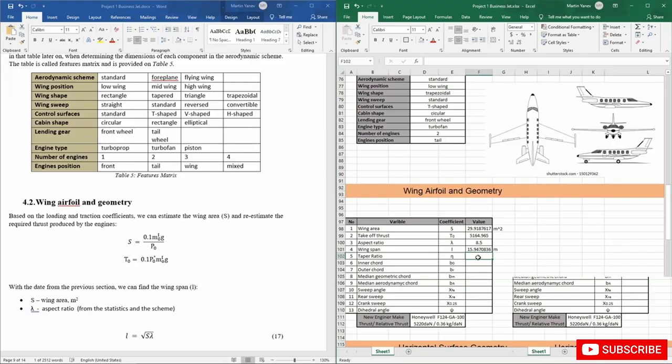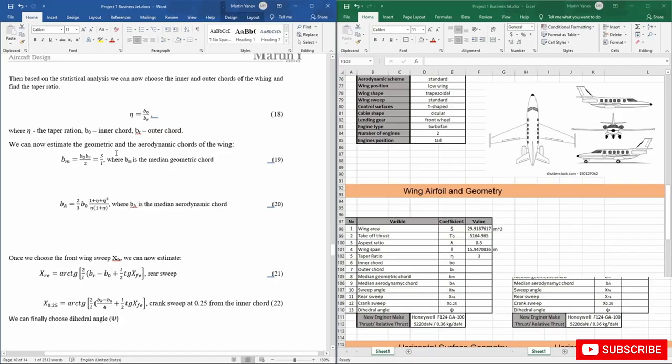Then the taper ratio, as I said, is basically the ratio between the inner chord and the outer chord. You can see now here from this drawing that they are different. And normally, in most of the cases, the taper ratio is about 3. So usually the inner chord is 3 times the outer chord. So this is going to be the ratio that we're also going to use for our project.